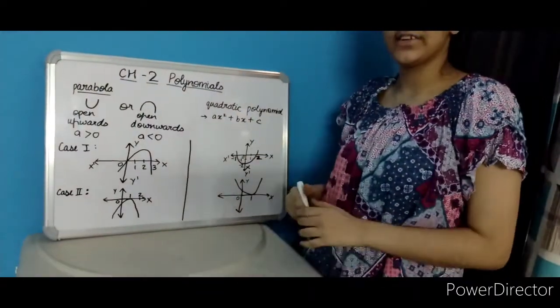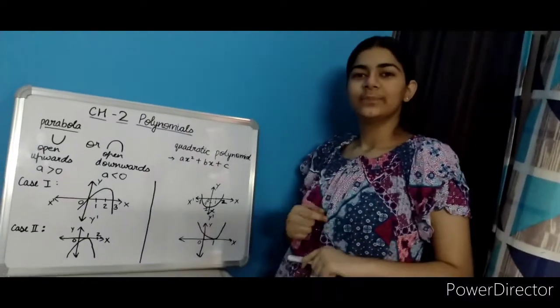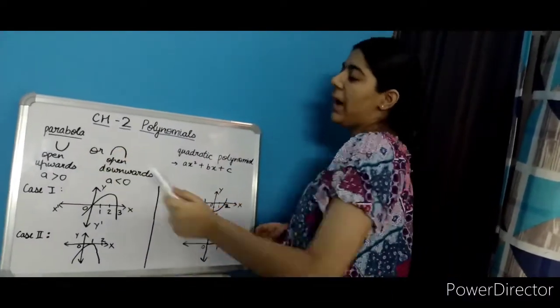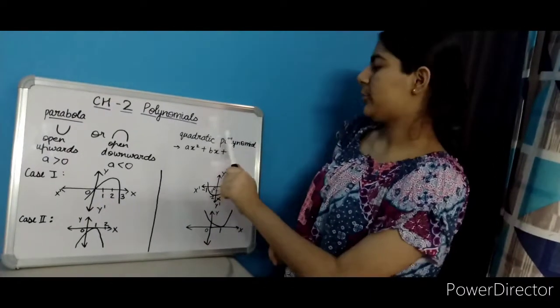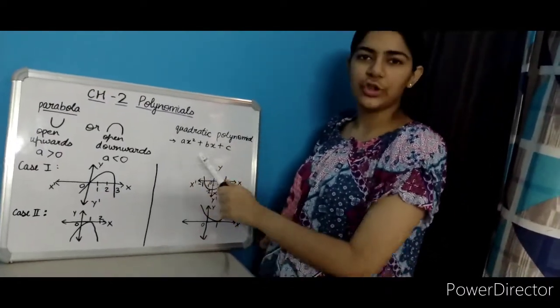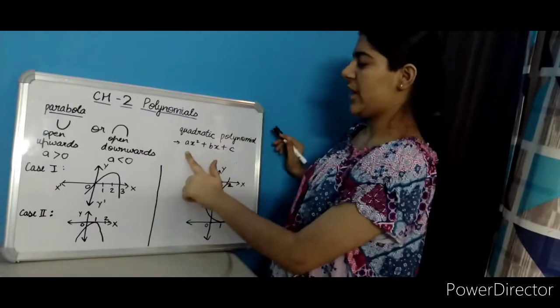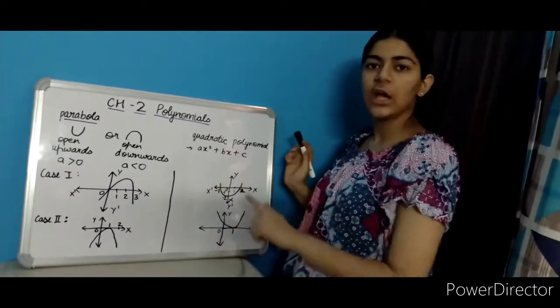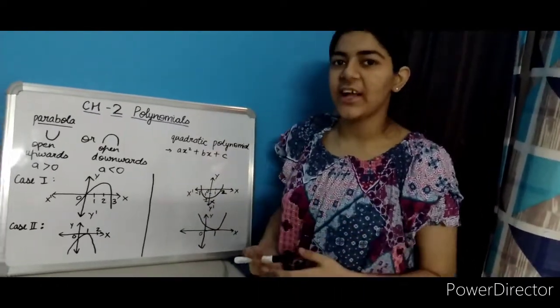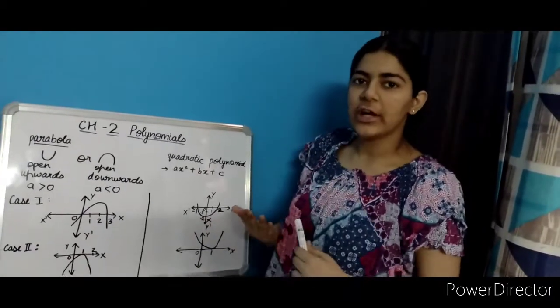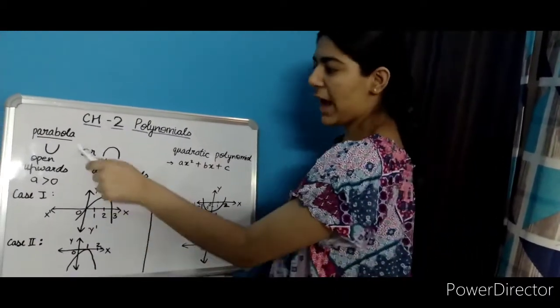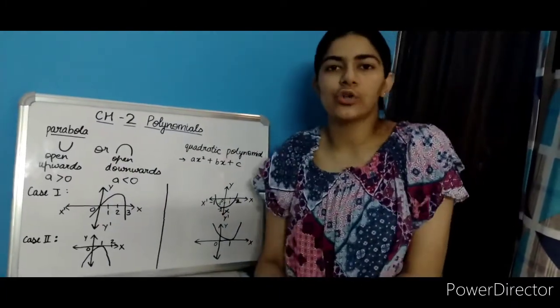Now let's see the parabola. What is a parabola? So a quadratic polynomial is the general formula we have seen, ax square plus bx plus c. So we represent a quadratic polynomial graphically as a shape of parabola. Parabola is of two types.